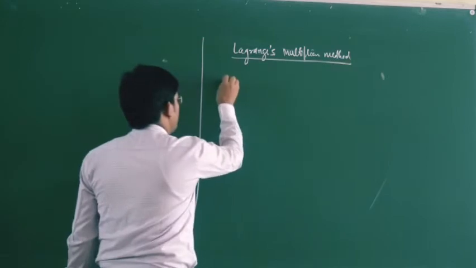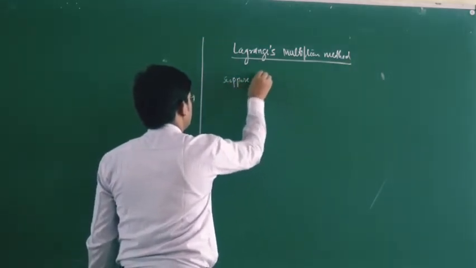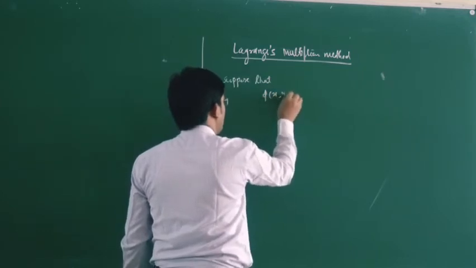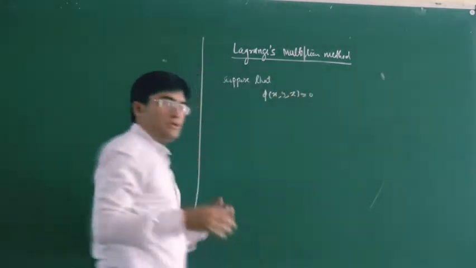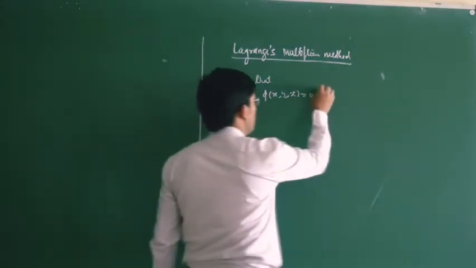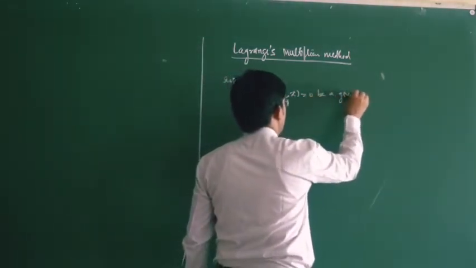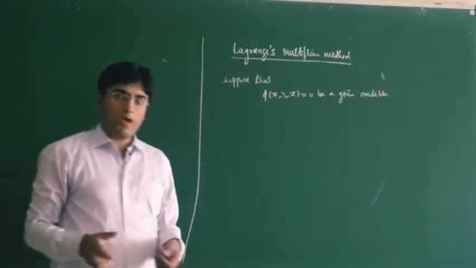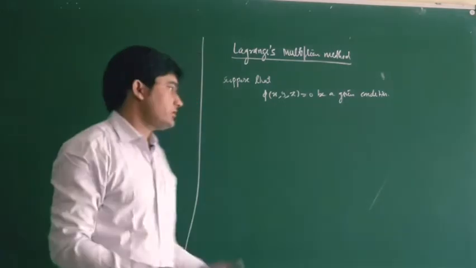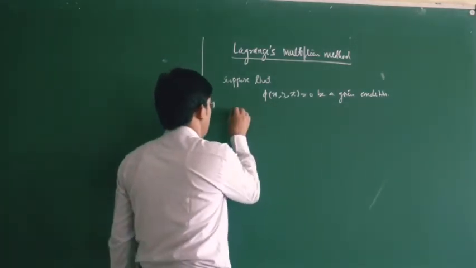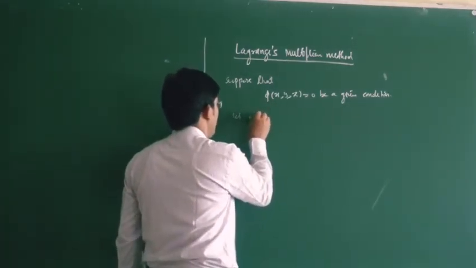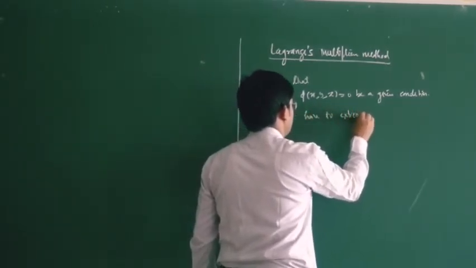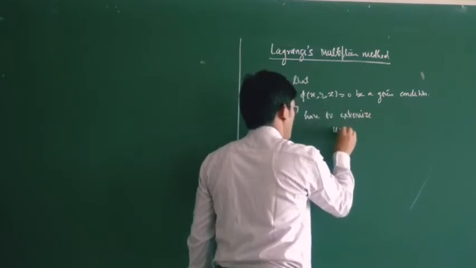Now suppose that phi(x, y, z) equal to 0 is a given condition, and we have to extremize our function, say u, which is u(x, y, z).